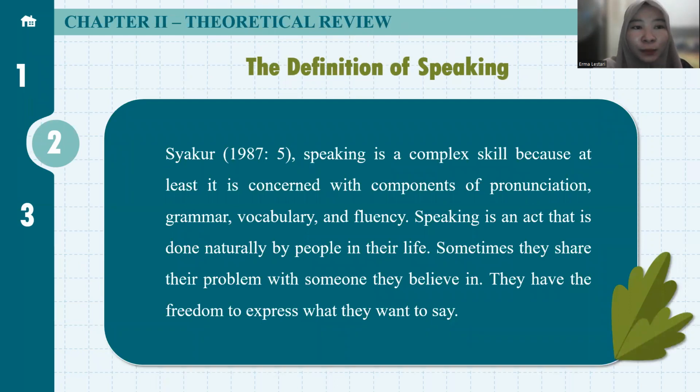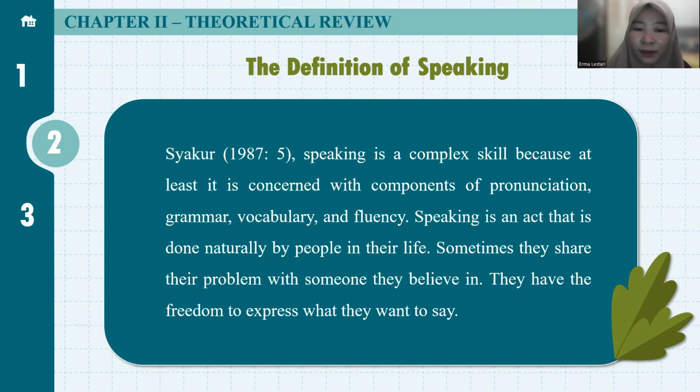So we move to chapter 2, the theoretical review. We have the definition of speaking. Shakur, 1987: speaking is a complex skill because at least it is concerned with the components of pronunciation, grammar, vocabulary, and fluency. Speaking is an act that is done naturally by people in their life.